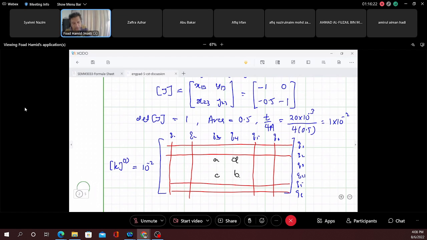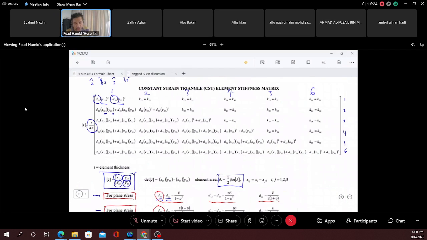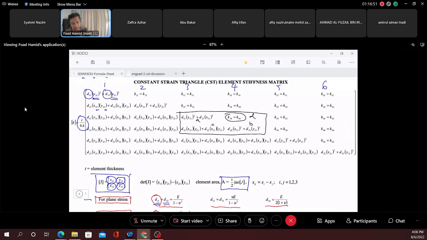Okay, so let's look at the formula sheet again. We are interested in these four, and note that these are symmetrical. This is the same as this one because the matrix is symmetric, not the shape. This is our A, this is our B, this is our C, and this is our D. We can straight away use this formula.